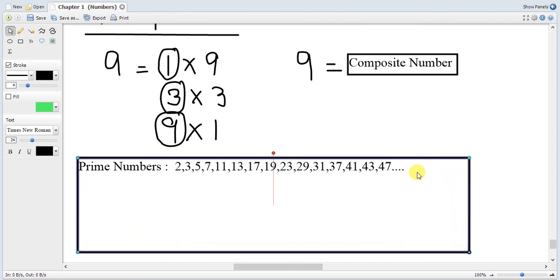Coming to the list of a few composite numbers that you should know. You can also verify whether they are prime or not by using the strategy we have just studied.